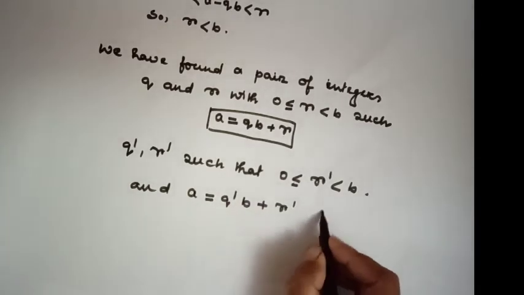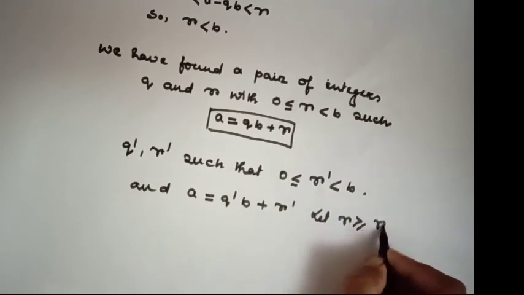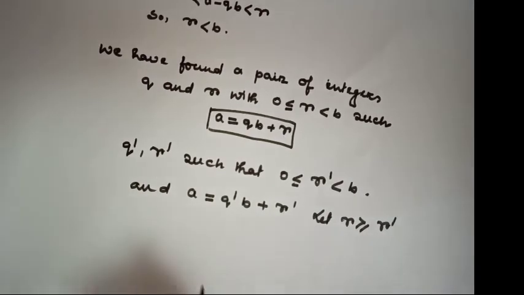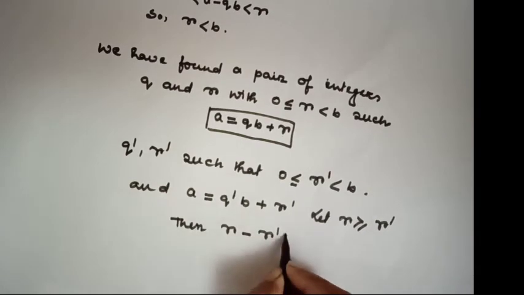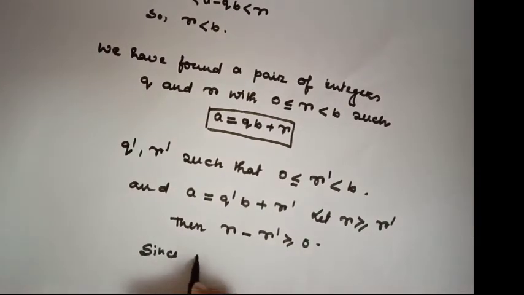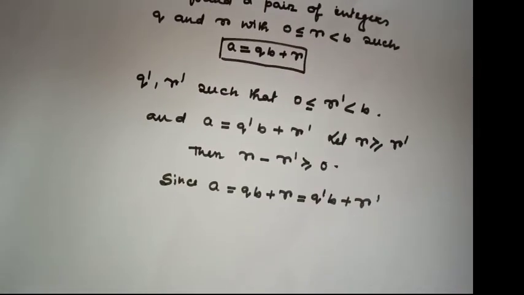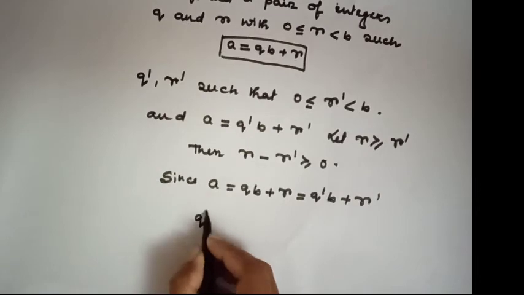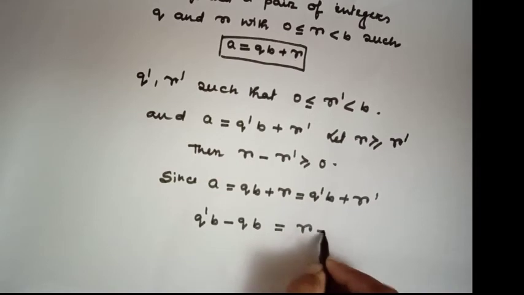And let r be greater than or equal to r dash. Then r minus r dash is always greater than or equal to 0. Since a equals qb plus r, which is equal to q dash b plus r dash, we know that (q dash minus q) times b equals r minus r dash.